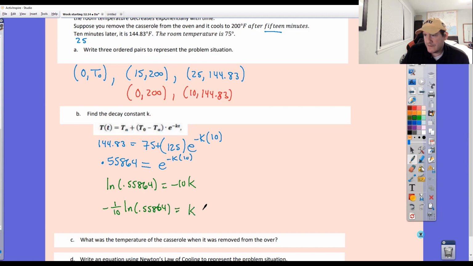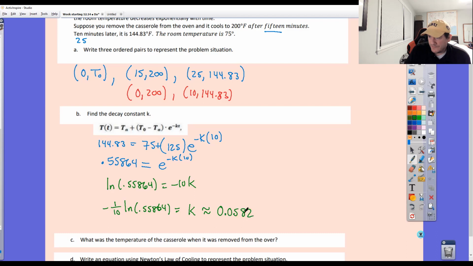That'll be k. That means k will be approximately 0.0582.